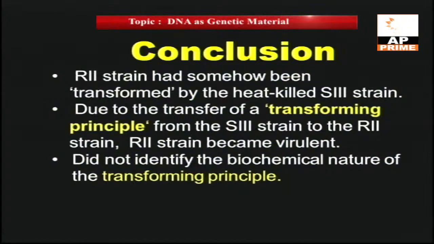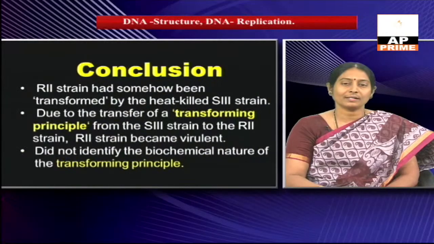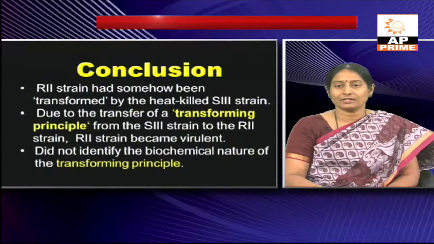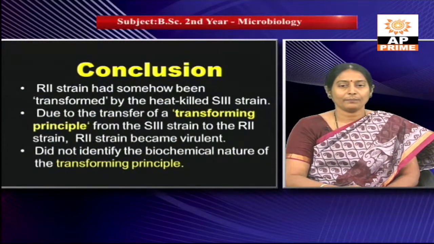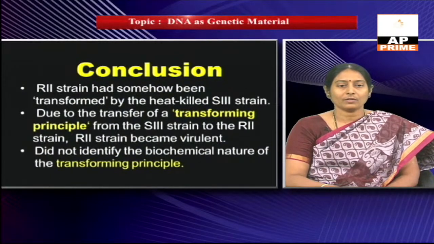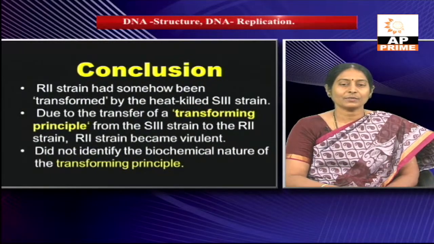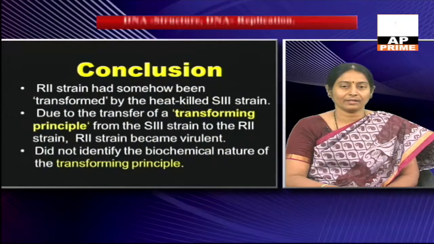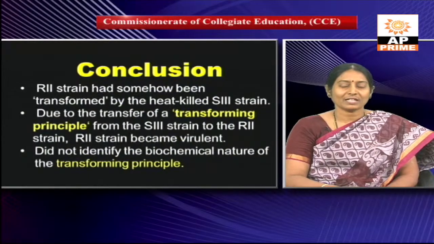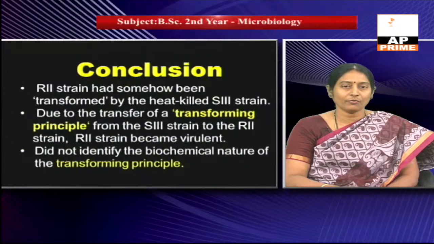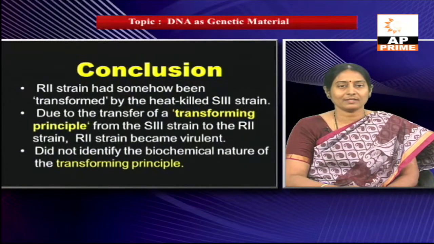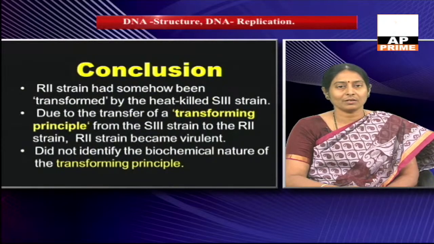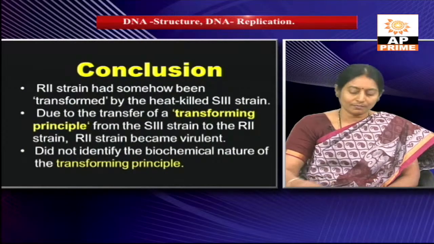So here a non-virulent bacterium was transformed into a virulent one, and the substance that was transferred from the virulent bacterium into the non-virulent bacterium was known as the transforming principle by Griffith. Today we know transformation is a specific type of recombination, where a segment of DNA replaces another homologous segment on the bacterial chromosome.